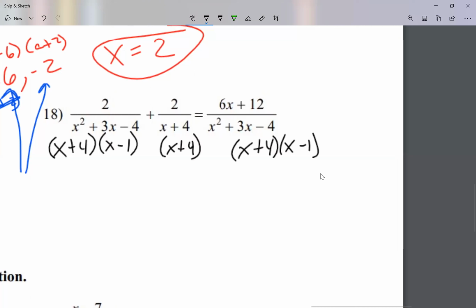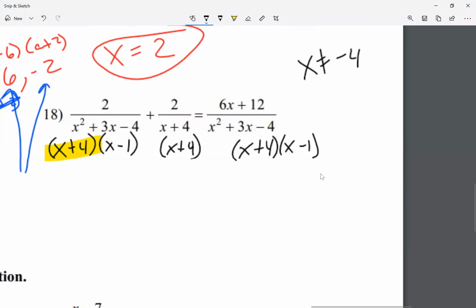So let me start with my extraneous solutions, right? The solutions that I cannot accept. When I look at my parentheses, I see this x plus 4. Then I'm going to say, well, x cannot be negative 4, because it will make that parentheses equal to 0. Another value that I cannot accept is x equals positive 1, because it will make another parentheses equal to 0.